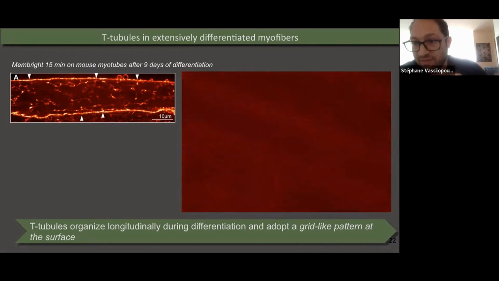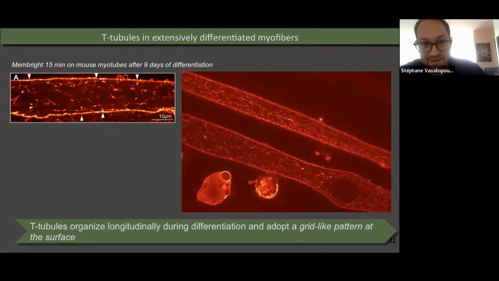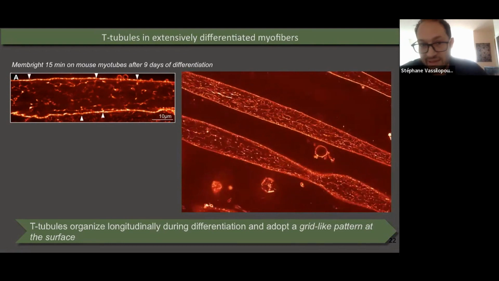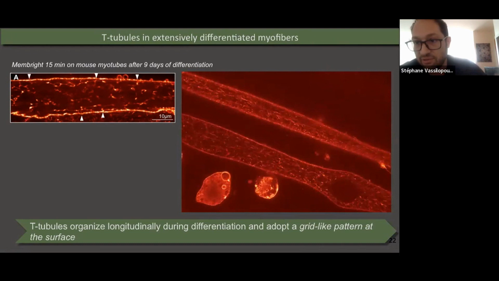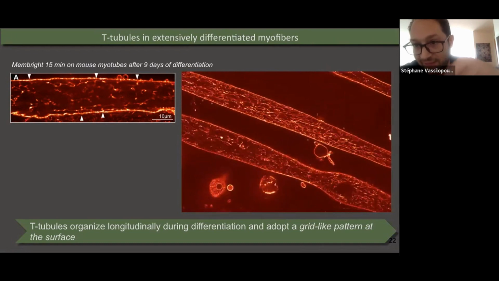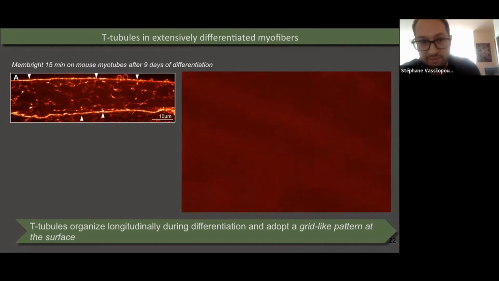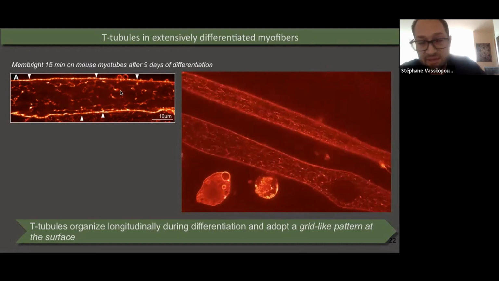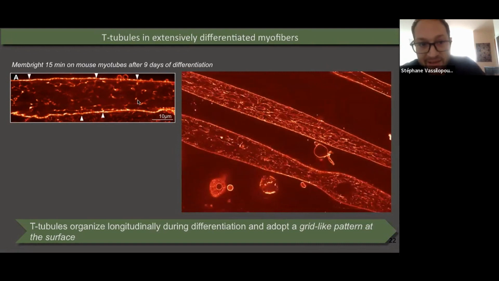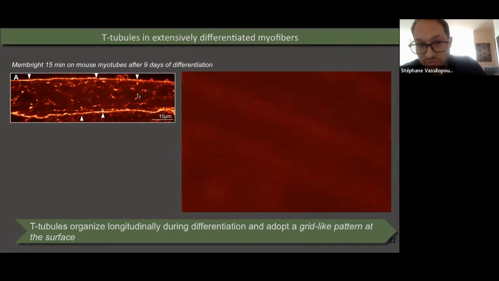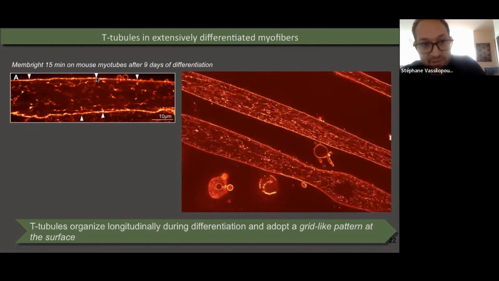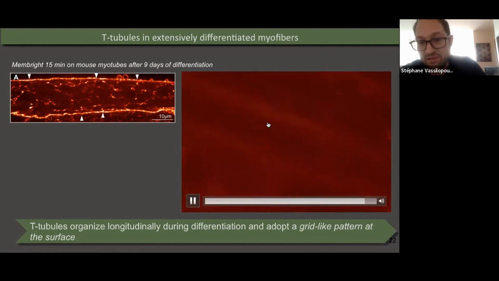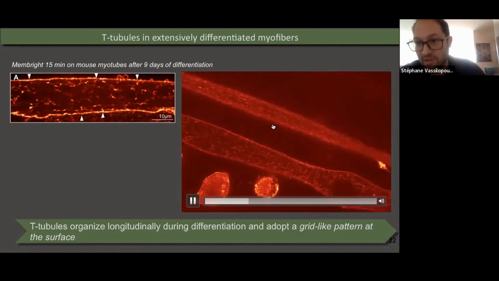But if you leave it for a few minutes, because it's not going to be endocytosed, it can only diffuse into the T-tubules, which are connected and open to the plasma membrane. And if you leave this membrane dye with the myotube for a few minutes, before it has time to endocytose, it's going to diffuse in these tubes, and you actually see these tubes lighting up as you put the membrane dye.